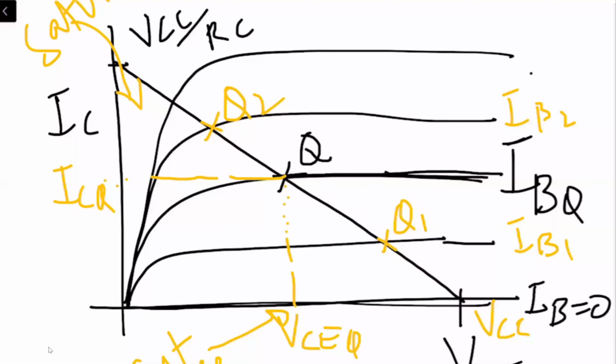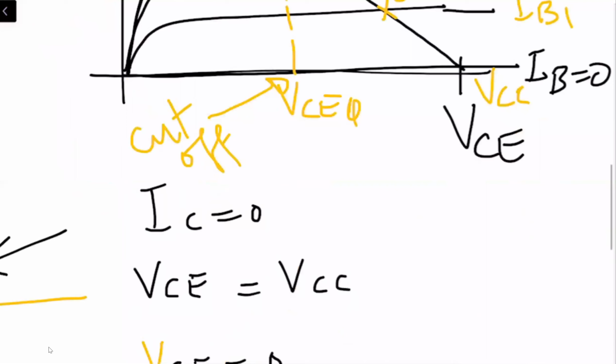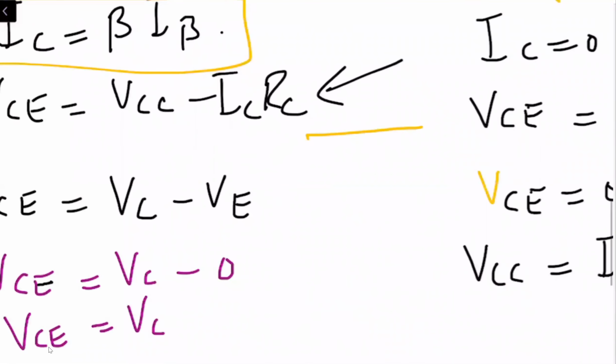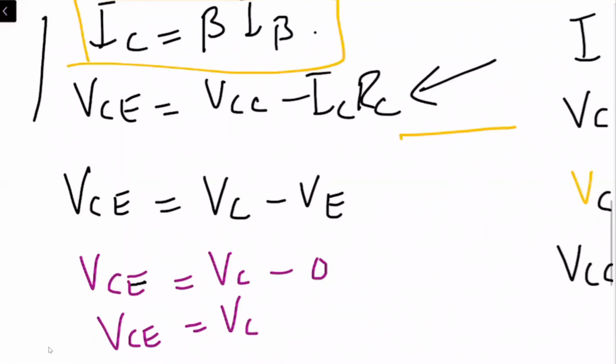Now similarly, if you see this line over here, which is being taken from this equation, which we have said VCE is equal to VCC minus ICRC.